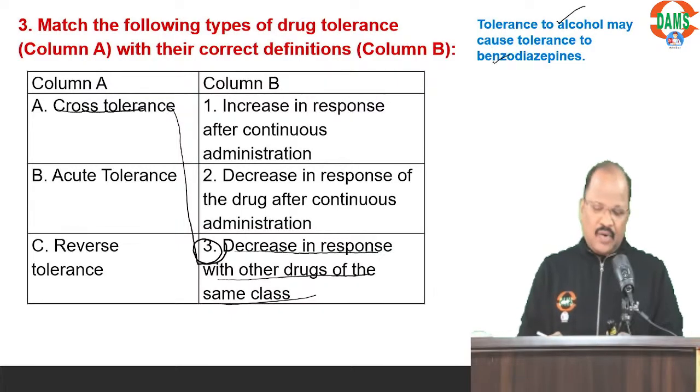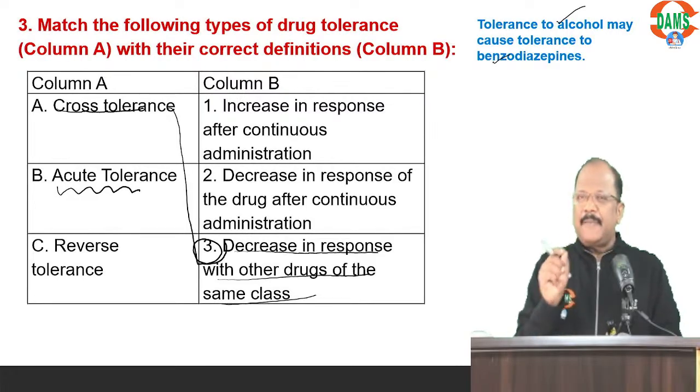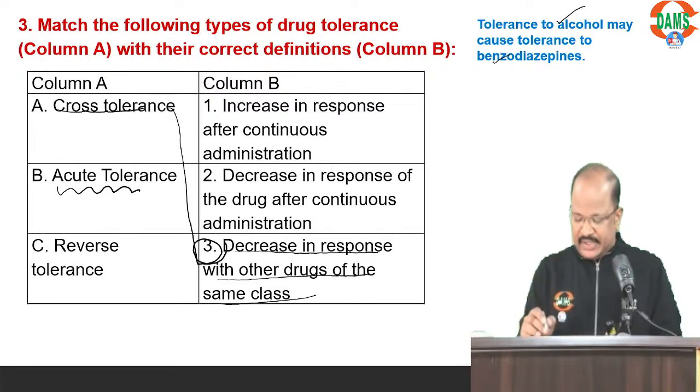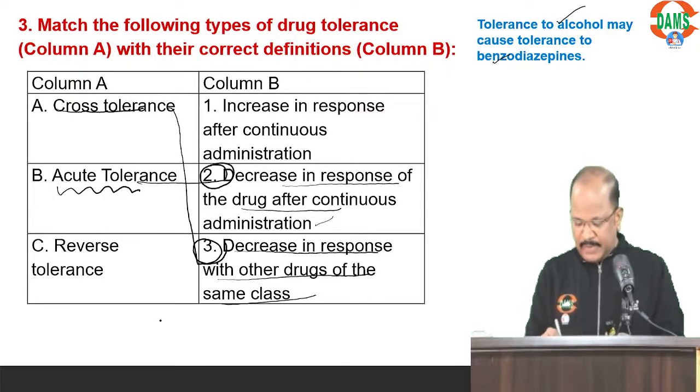Whereas, what do you mean by acute tolerance? Acute tolerance is rapidly developing tolerance, that is, decreasing response to a drug after continuous administration. So B means go for 2. So A goes with 3, B goes with 2.